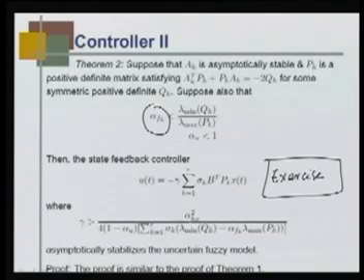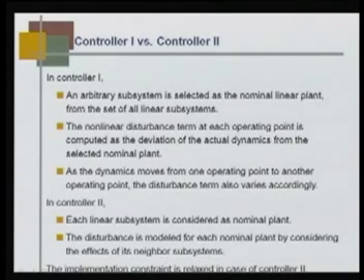So, we define two controllers, and the salient difference between controller 1 and controller 2 is this: in controller 1, an arbitrary subsystem is selected as the nominal linear plant from the set of all linear subsystems. The nonlinear disturbance term at each operating point is computed as the deviation of actual dynamics from the selected nominal plant.